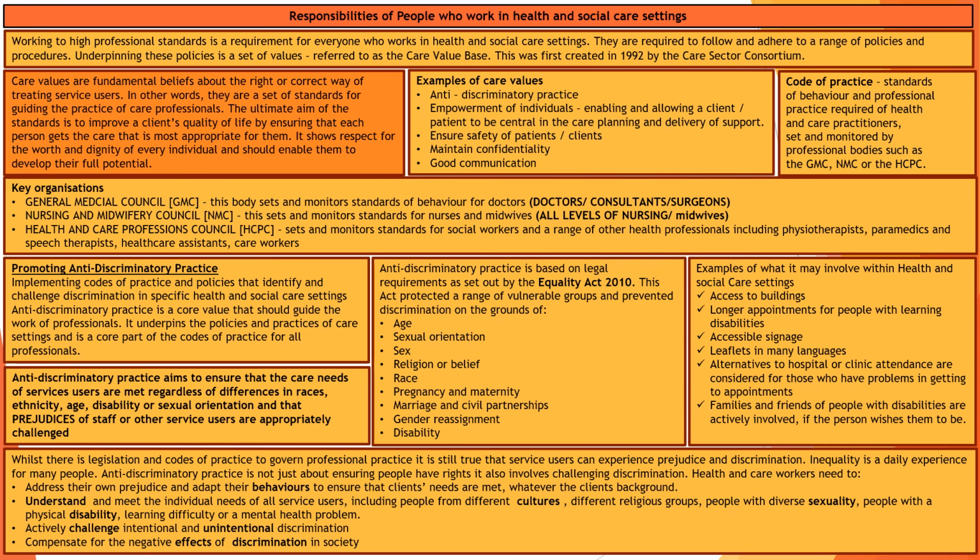They need to challenge any discrimination they encounter or witness, and also they need to provide compensation for the negative effects of discrimination. So that might be providing additional support to particular groups who are likely to face prejudice or discrimination. So for example, additional support in terms of employment or gaining employment for people with disabilities because they are likely to experience discrimination.